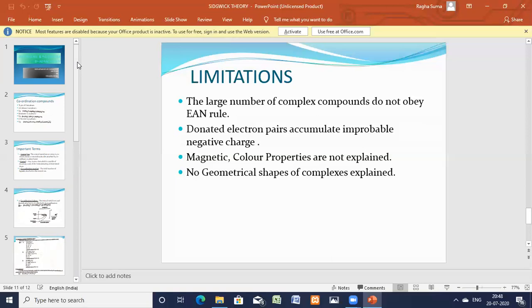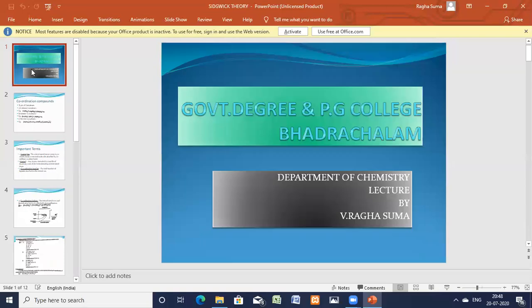Double salts lose their properties on mixing with solvents, but the ones which don't lose their properties and get extra properties are nothing but the coordination compounds and complex compounds I've told you.